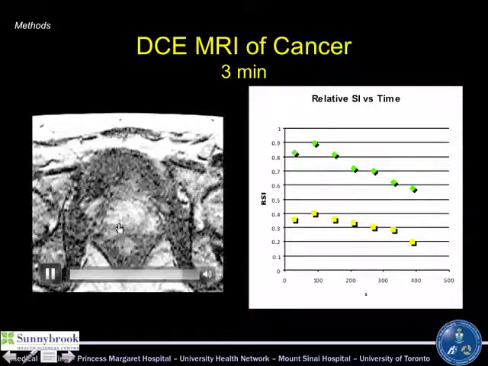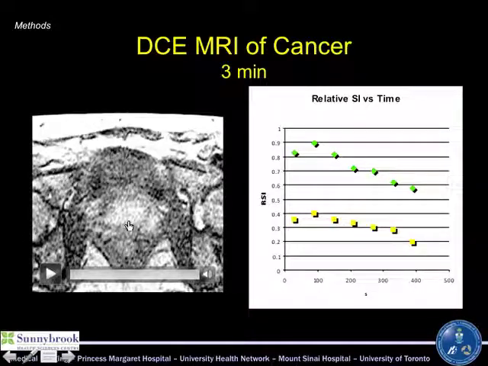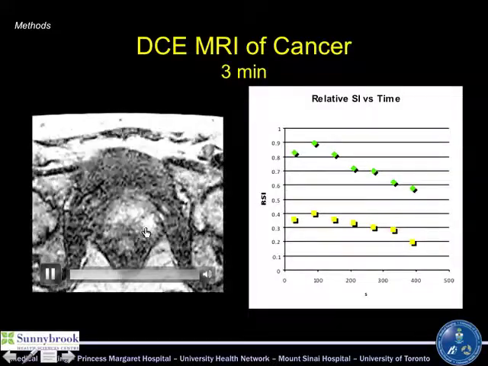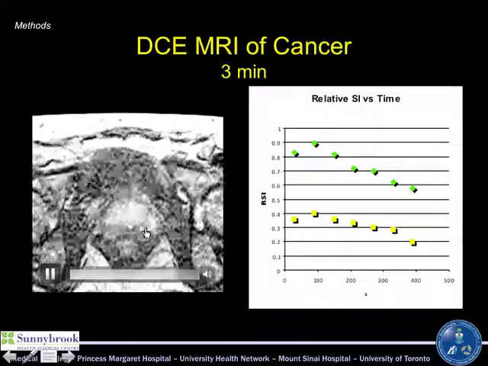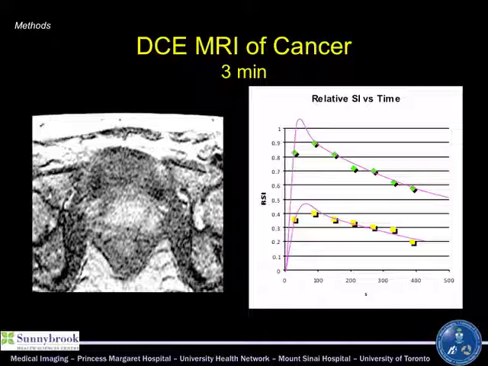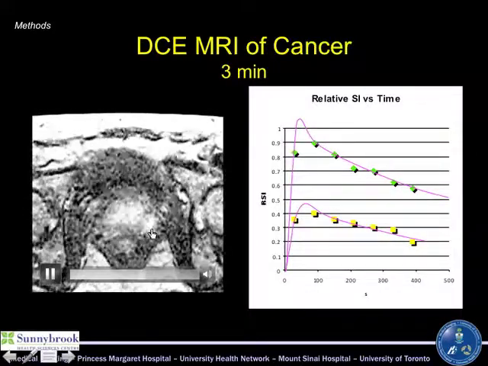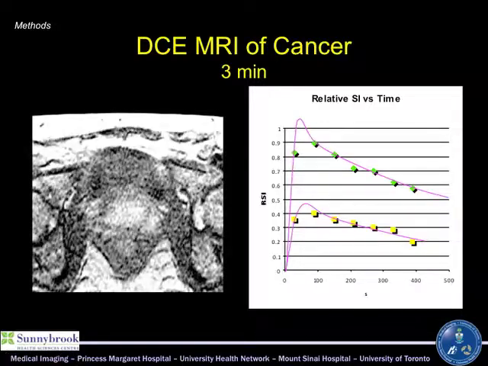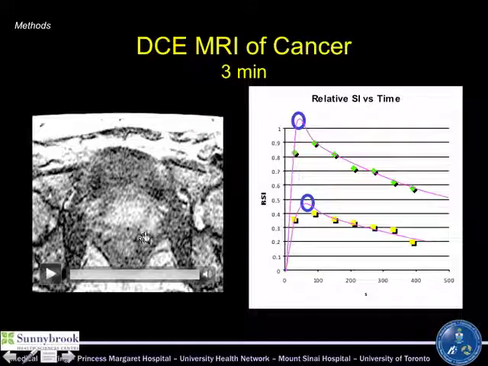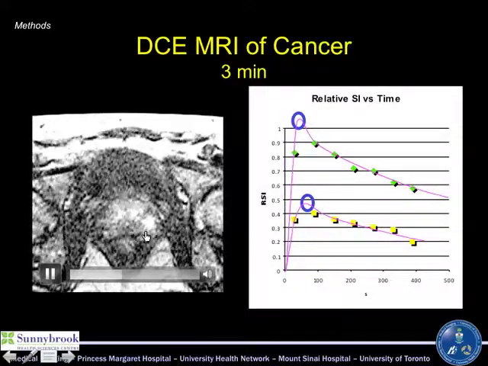We can't distinguish them from cancer with this technique very well. But the peripheral zone cancer, and here it is, lights up early and washes out more than the normal peripheral zone tissue. That manifests itself as a bright spot on the very early scans, in this case in the patient's left peripheral zone. So that helps us in identifying where the tumors are in the prostate.